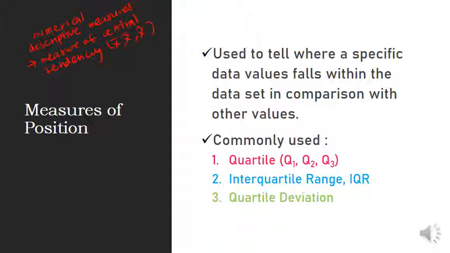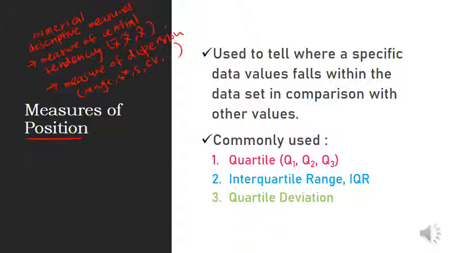Then we have measure of dispersion, so far what you saw earlier were range, then variance, standard deviation, CV. And later we will look at interquartile range, semi-interquartile range. And now we are going to look at measure of position.